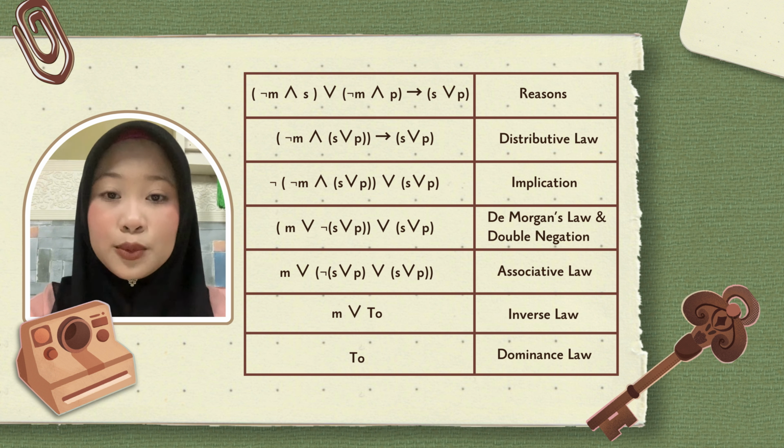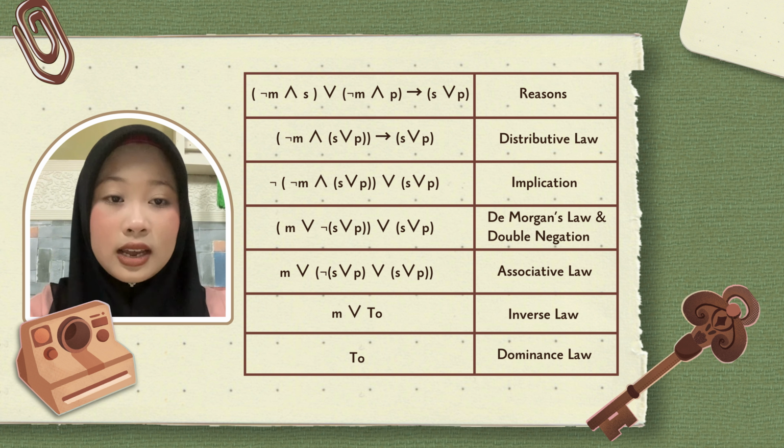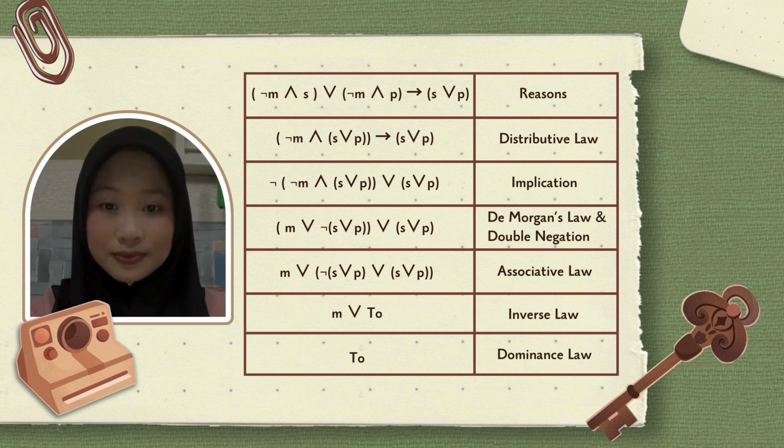By using distributive law, we can get negate M and S or P implies S or P. The next step is implication. By implication, we get negate M and S or P or S or P. Next, use De Morgan's law and double negation. And we get M or negate S or P or S or P.